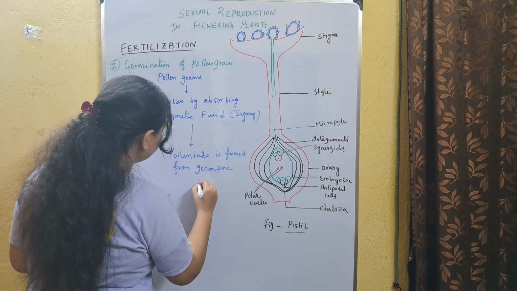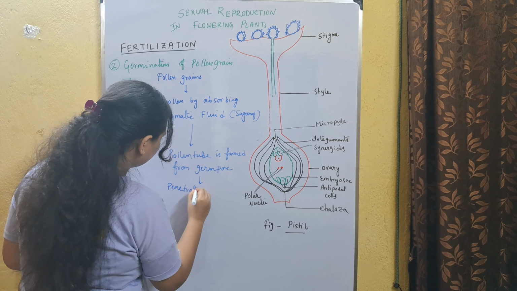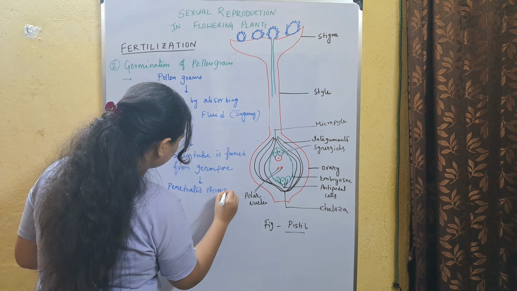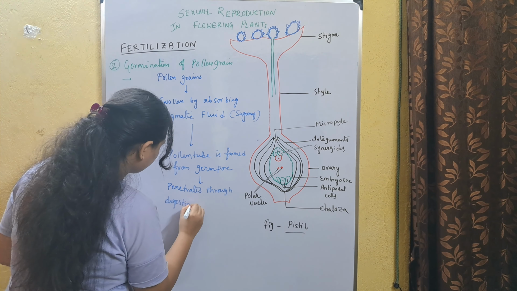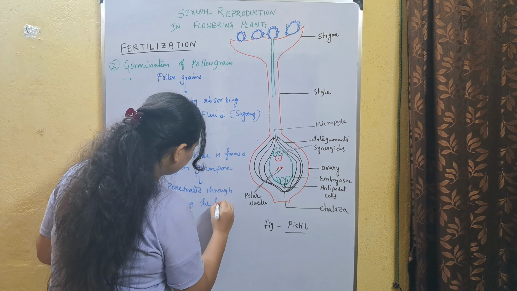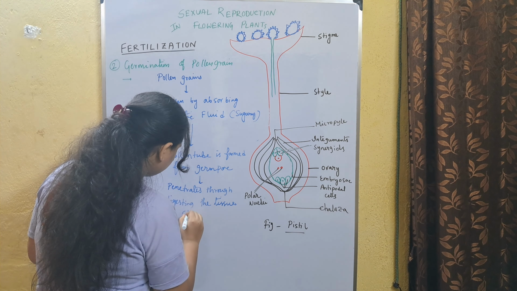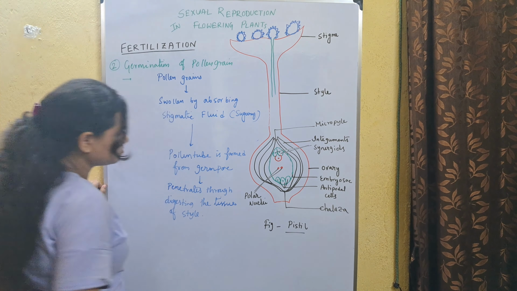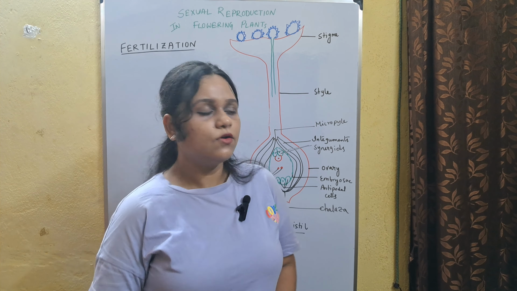This pollen tube penetrates through, digesting the tissue of the style. Next phase is entry of pollen tube into the ovule.